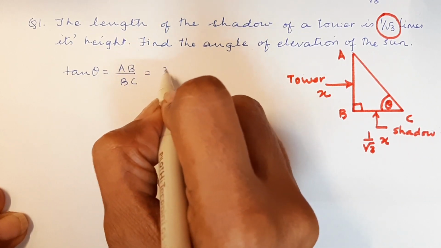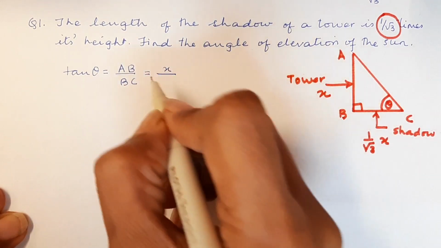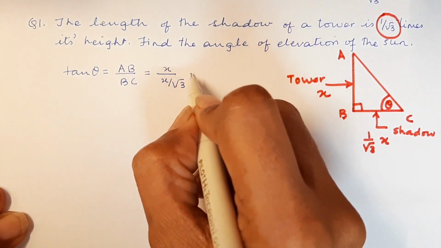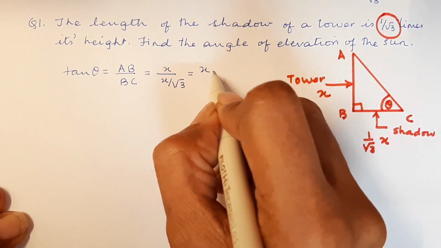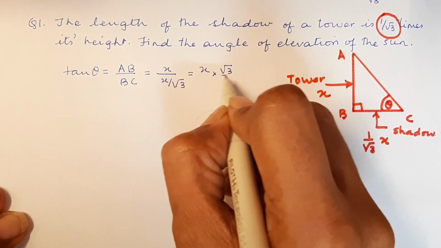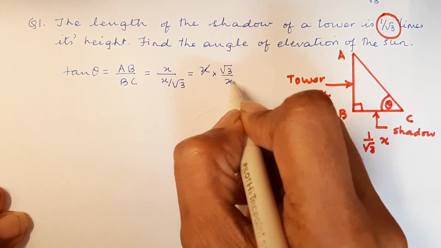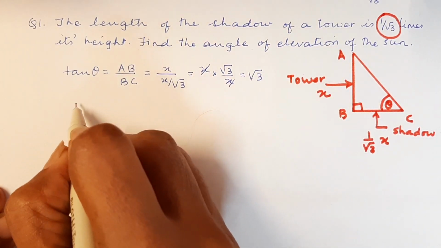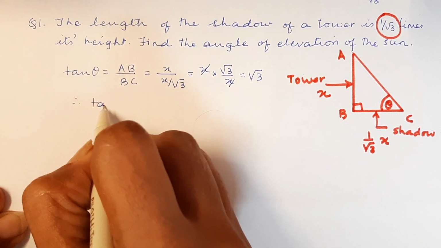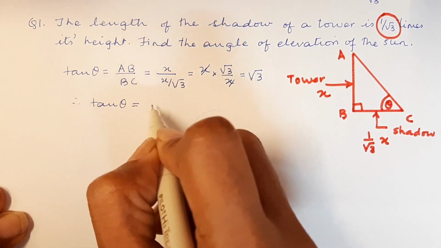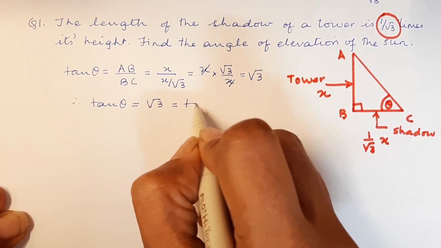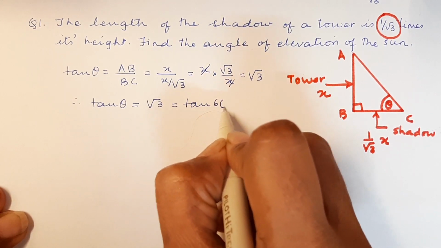Now AB is x, upon BC is x upon root 3. That gives us x multiplied by root 3 upon x, which cancels this x and you will get root 3. And so we will have tan theta equal to root 3, but root 3 is nothing but tan of 60 degrees.